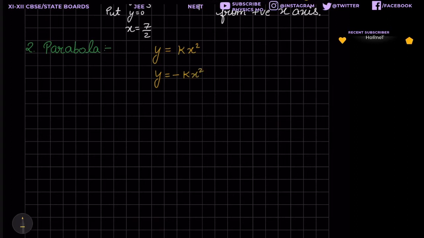Other form can be x square is equals to ky, and the last form can be x square is equals to minus ky.